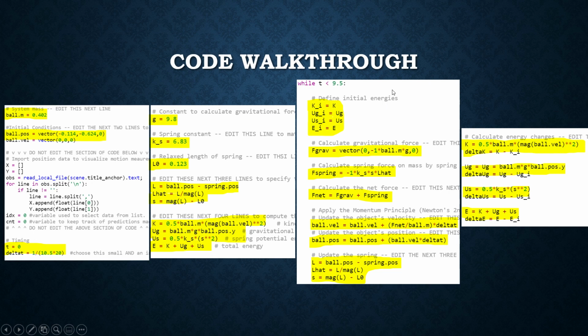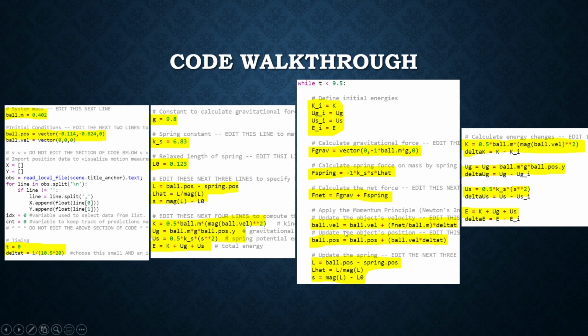And then in the calculation loop, we define the initial energies and find the force of gravity, which is negative mg in the y direction, and the force of the spring, which is negative ks times the L hat vector, or the unit vector. Then the F net is the gravity and spring forces added together.